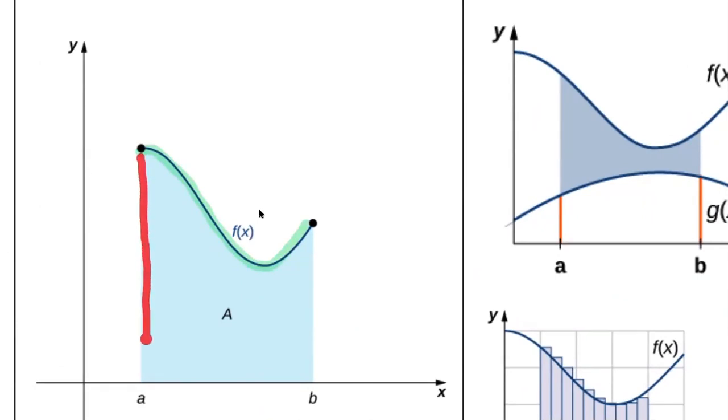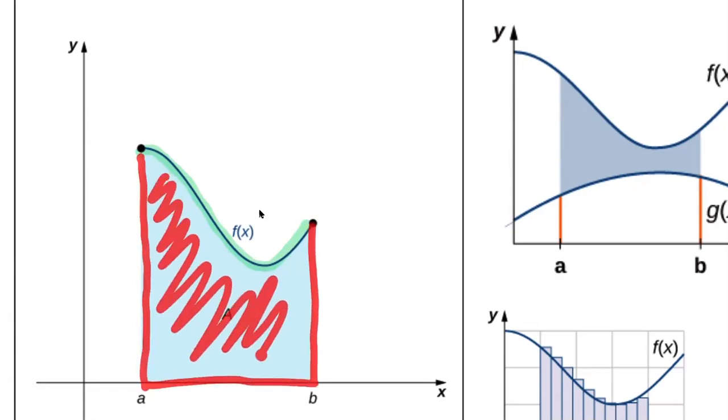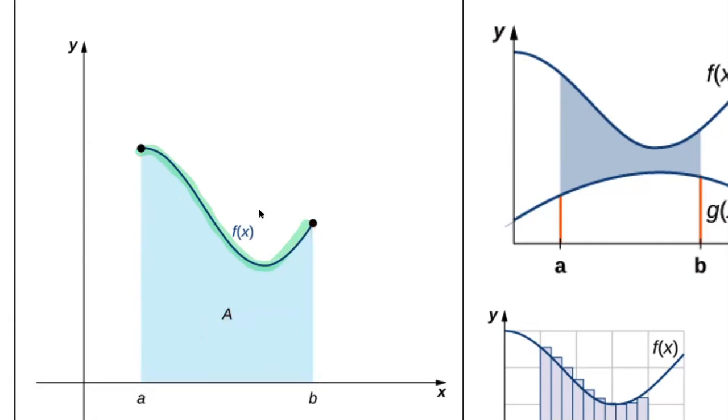So we're finding the area that is this light blue situation, starting at A and going to B. If we're looking for that area and we wanted to write it in symbols, we would say the integral from A to B of whatever that function is, dx.